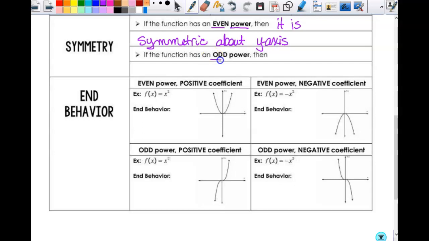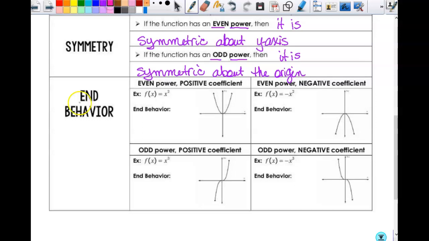If the function has an odd power, then it is symmetric about the what? Good, about the origin. Okay. So that's a little review of even and odd, right? That symmetry is always important to us.